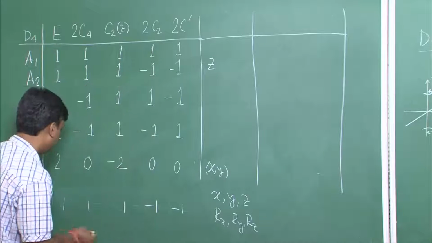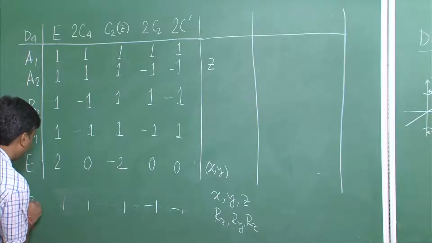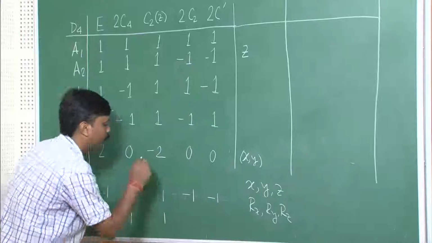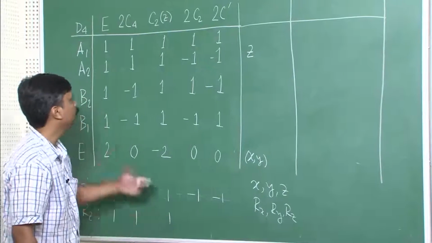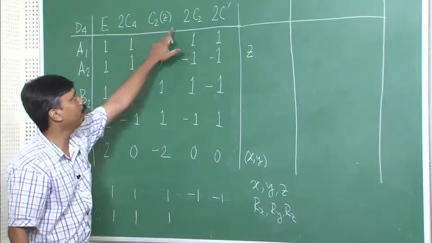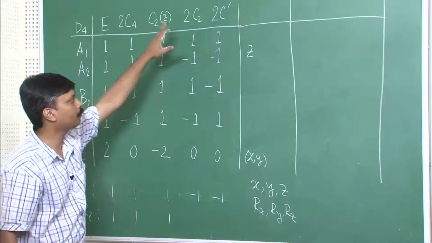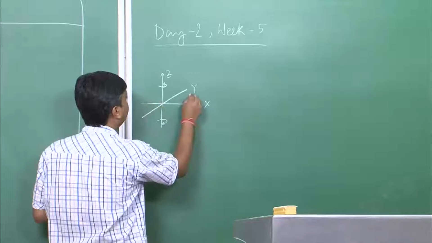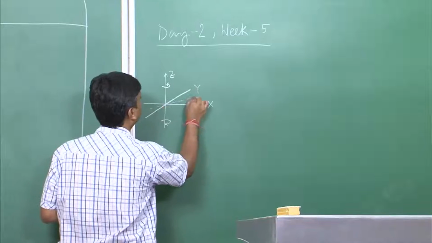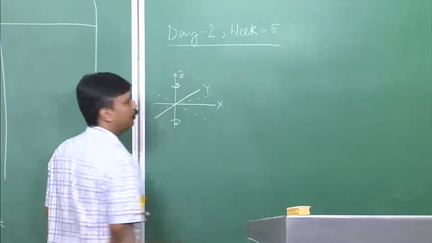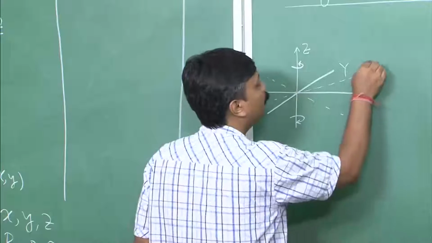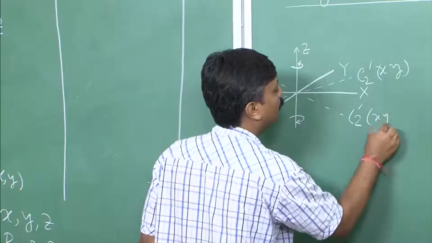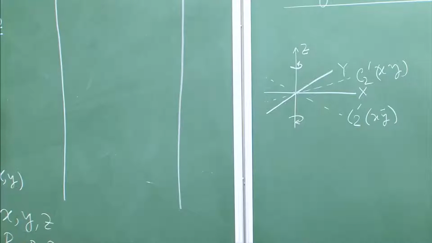So what I will get, just like for z, when I am looking at Rz, I got symmetric one-dimensional characters for E, C4, and C2, while for C2 I am getting -1, and if I apply the C2xy, so this one is C2 prime xy, and this one is C2 prime xy bar, both of them will act in the same way.